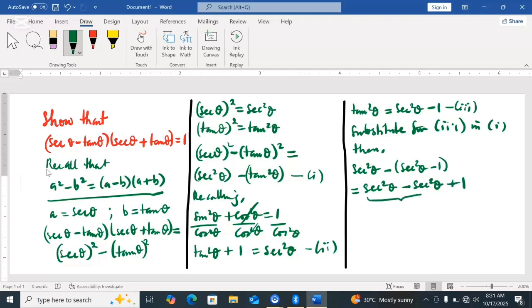Now clearly you can see that sec squared theta minus sec squared theta gives 0, so this reduces to 0 plus 1, and this reduces to 1. This shows you that (sec theta minus tan theta) in one bracket multiplied by (sec theta plus tan theta) in another bracket gives 1, and this completes the proof.